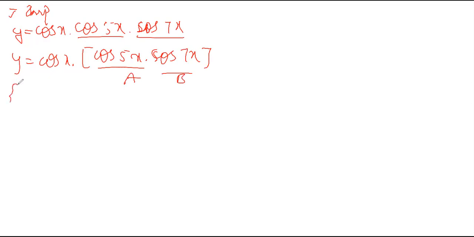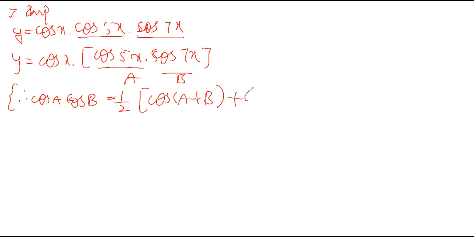I write here only the formula. What is cos A cos B? That is 1 by 2 into cos of A plus B plus cos of A minus B. You apply this formula.